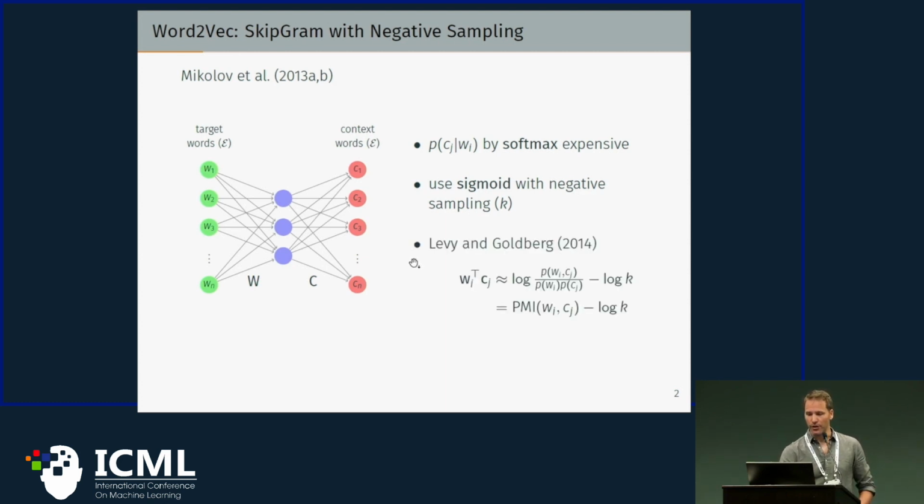And it was shown by Goldberg and Levy that this rejigs the maths, and the dot product of a target word embedding with a context word embedding gives this PMI, which is a simple log ratio of the joint distribution to the marginals.